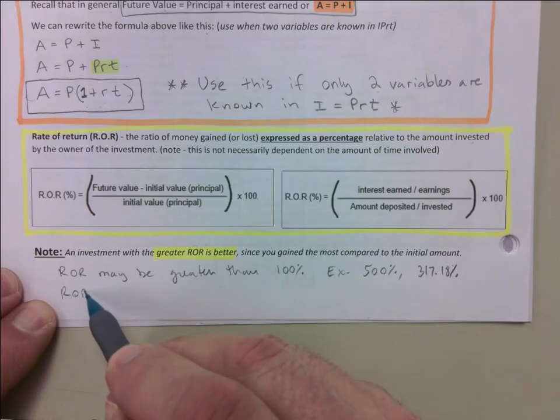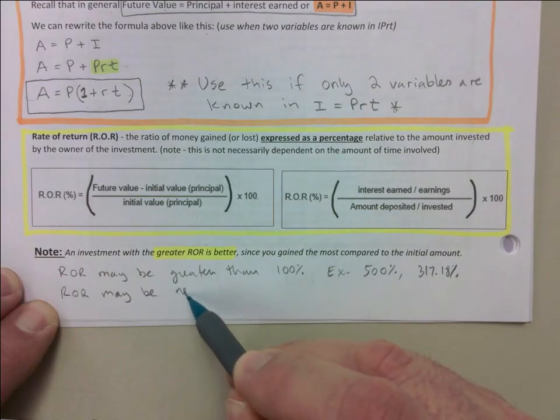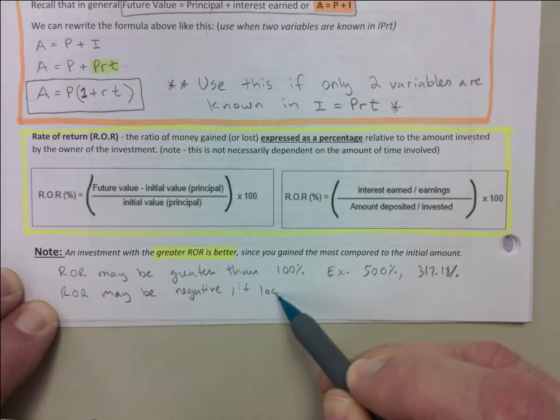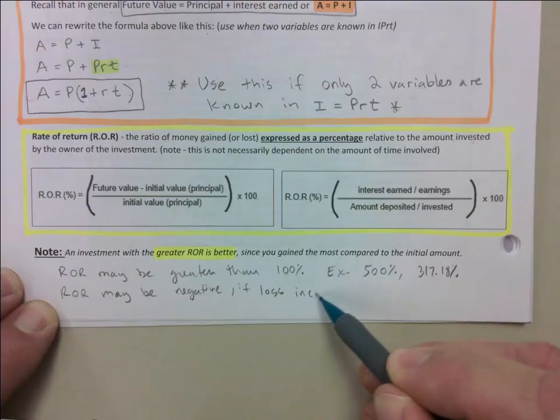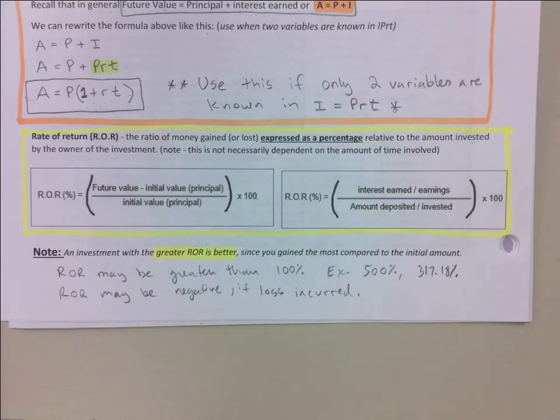And rate of return may be negative if loss is incurred. If you experienced loss in your investment, then the rate of return would be negative. All right, so we've got that.